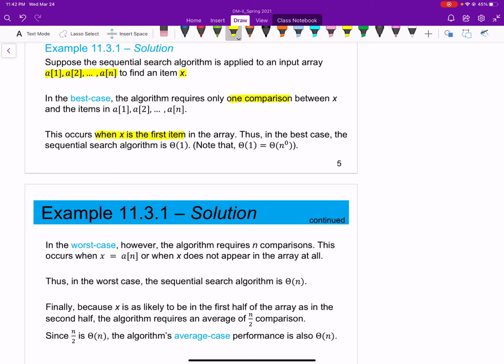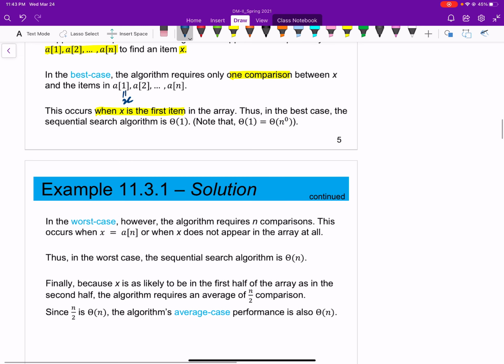If x is the first item, you just compare x with the first element, then the algorithm will stop. Then the order is just 1 because you had only one comparison. So the order is 1.